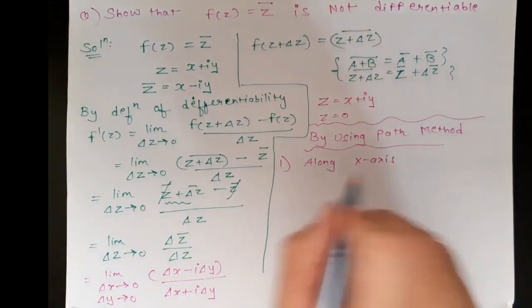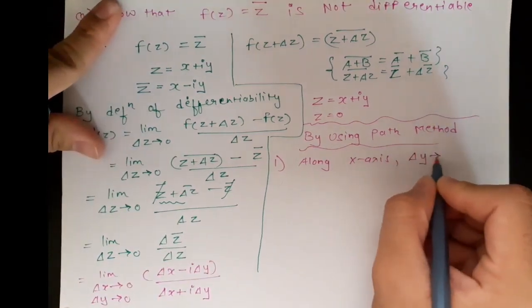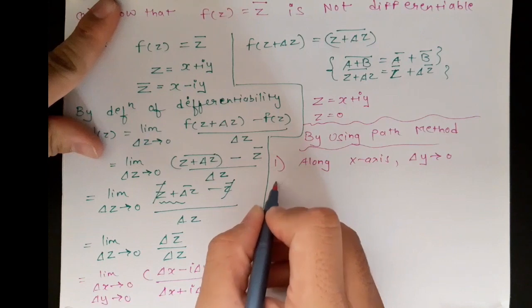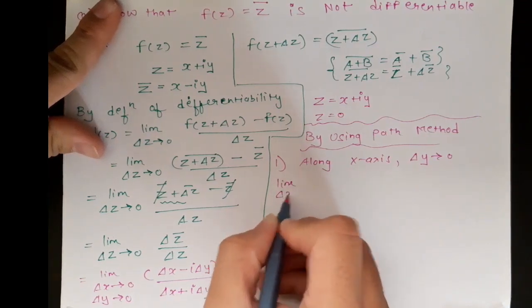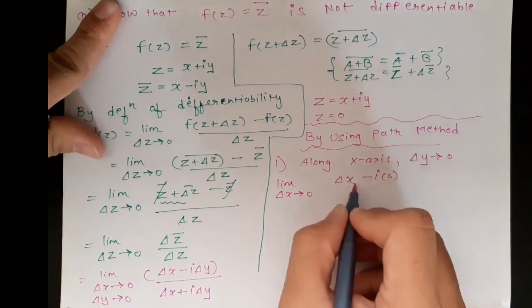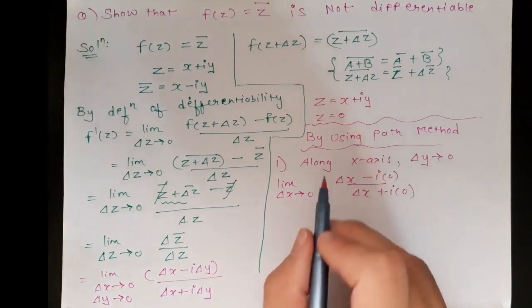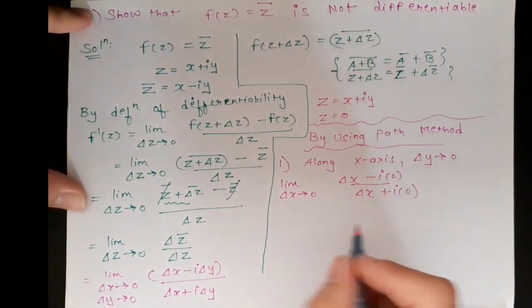Now as we know, on the x-axis the y coordinate is 0, so we can take delta y tends to 0, or equal to 0. So the limit as delta x tends to 0 of (delta x minus i into 0) upon (delta x plus i into 0), because we had taken along the x-axis, so delta y will be 0.